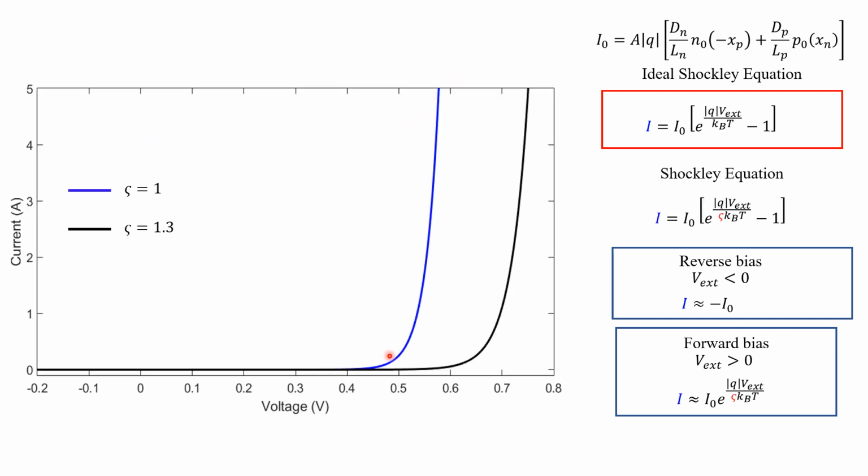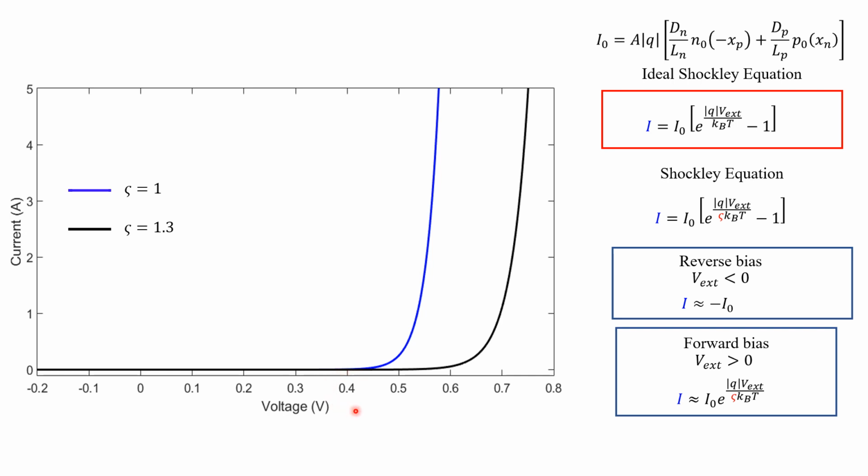So here we have a plot of the ideal Shockley equation, assuming the saturation current of 1 nanoampere. And as you can see here in the blue curve, when the voltage is negative, the current is so low that we cannot even see it in the plot. So that means that in reverse bias, negative voltage, the junction is behaving as an open circuit.